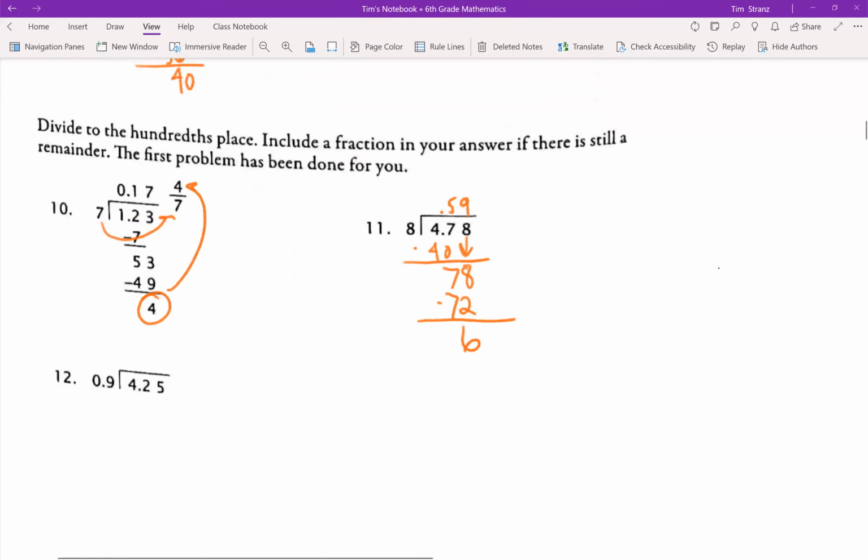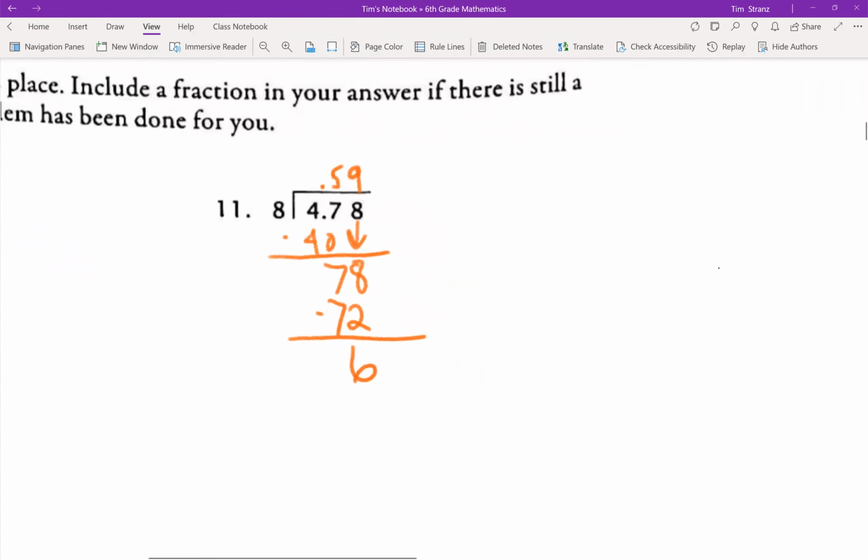They do hundredths place. So my remainder is 6, right? So my answer would be 0.59 and 6/8. If you want to reduce 6/8, 2 goes into that, so it would be 0.59 and 3/4.